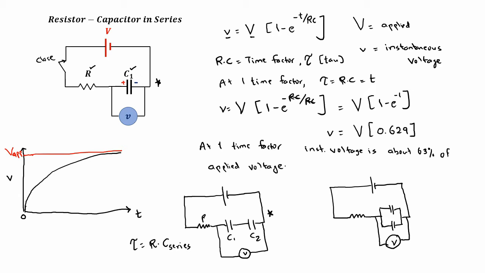R is this one here. And for the parallel combination, the time factor becomes R times C parallel, right? All right, so in the next section of the video, we're going to demonstrate the two circuits, and also we'll see some calculations.